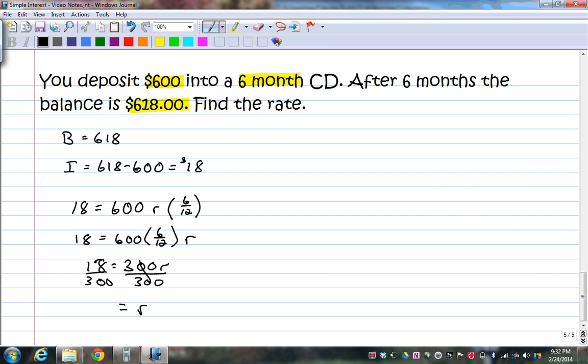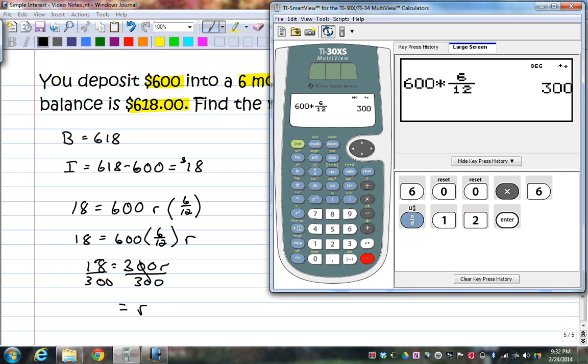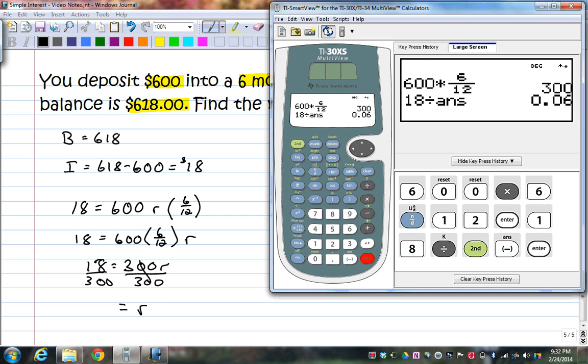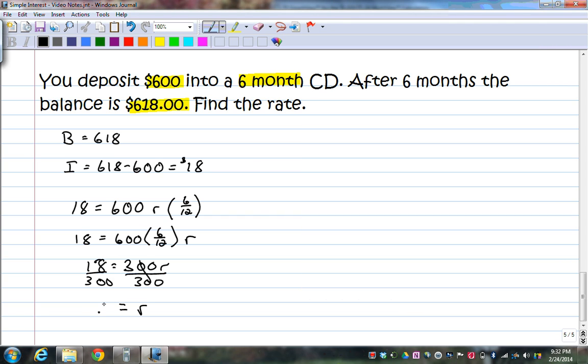And R will be equal to, so I have 18 divided by my previous answer, is 0.06. So the rate is 6% because we move it over 2 places. Pretty cool? Yeah, man, it is.